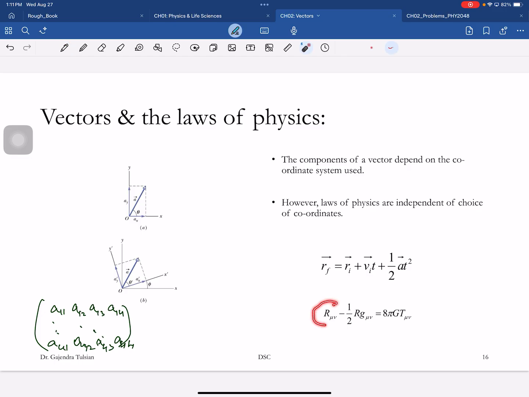So this is something like that. This is a 4x4 matrix. Scalar times that is a 4x4 matrix. This is a 4x4 matrix.